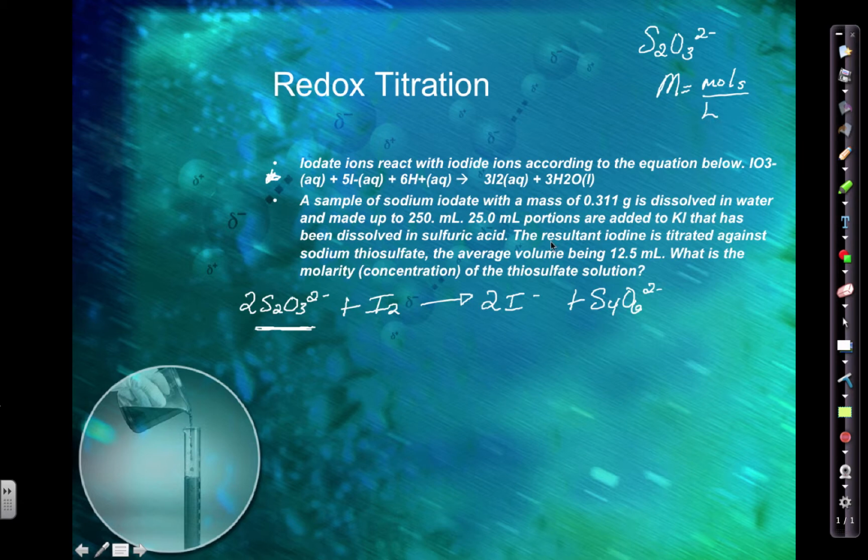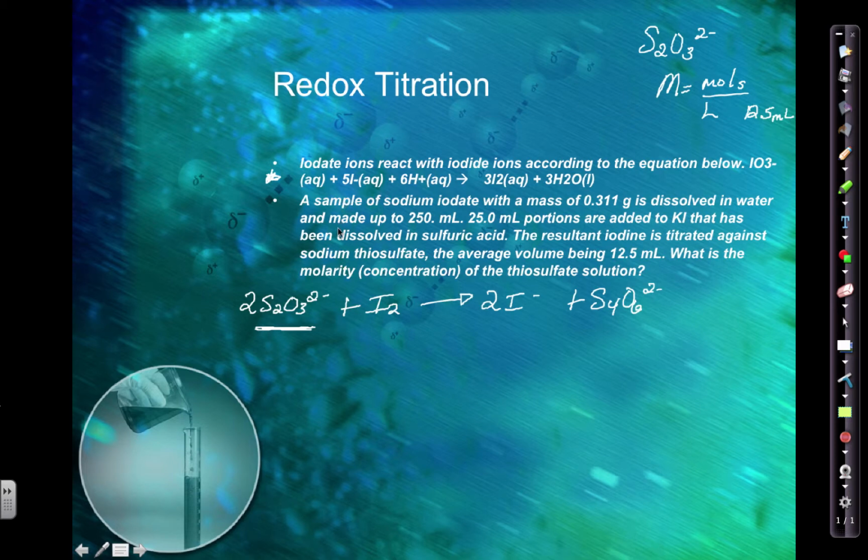It tells me that it's titrated against the sodium thiosulfate, the average volume being 12.5. So the volume of sodium thiosulfate here is 12.5 milliliters. So really what I need here is to know how many moles of sodium thiosulfate reacted. So now I need to figure out what I'm starting with. I know the volume of the thiosulfate, but that's not going to come until the very end.